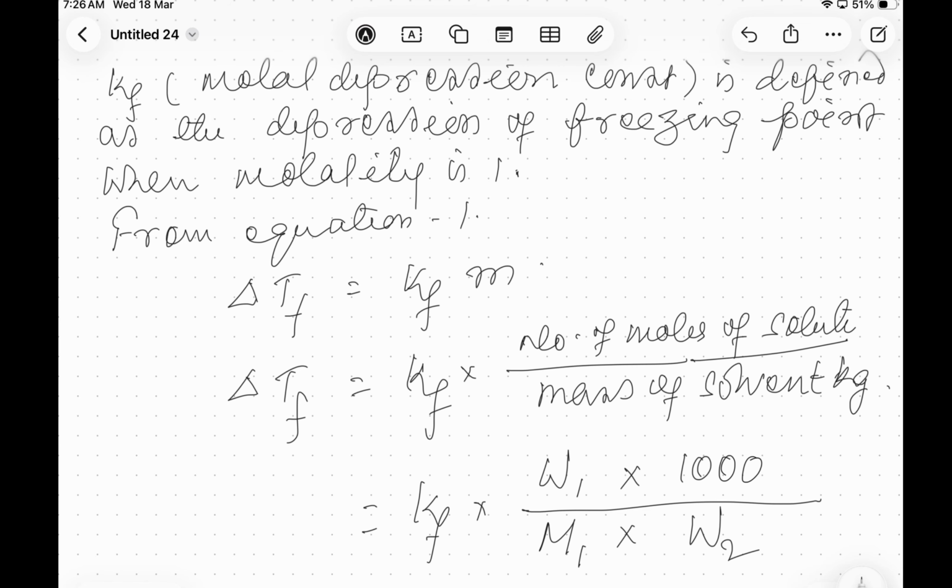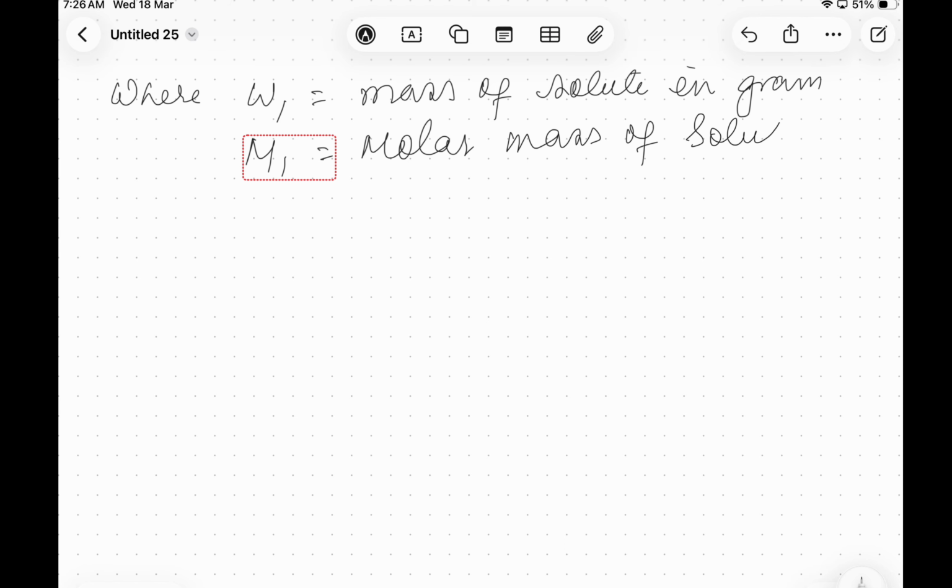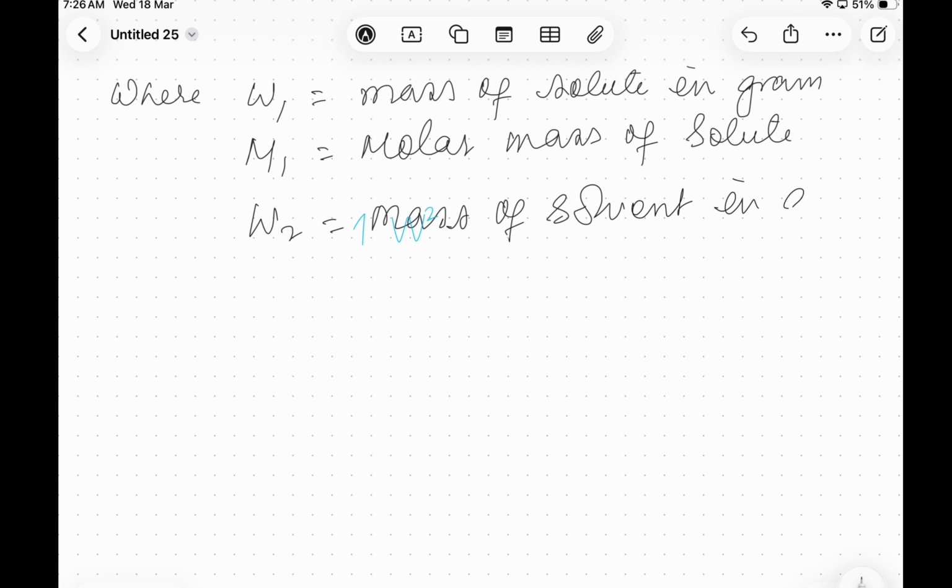So 1000 will go up, and in this way we have the formula where W1 is mass of solute in gram, M1 is molar mass of solute, W2 is mass of solvent in gram, and delta TF is equal to TF minus TF naught.